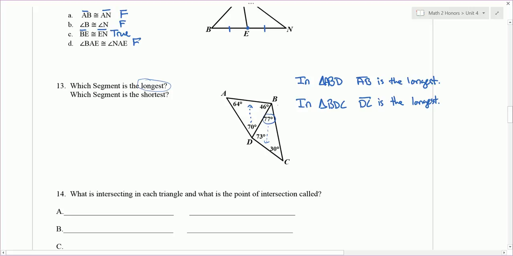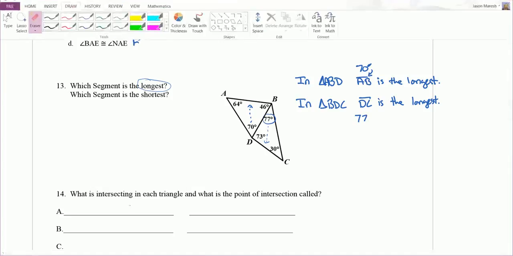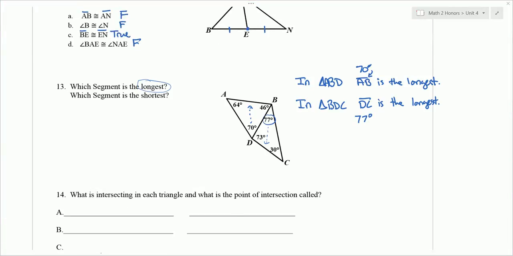Sure, 70 degrees went with the AB, 77 degrees went with the DC, and 77 is bigger than 70. But because those angles are not in the same triangle, we have no say of which side is larger. If 70 and 77 were in the same triangle, then yes, the larger angle is across from the largest side. But we have two separate triangles here, and so we can't make that comparison.